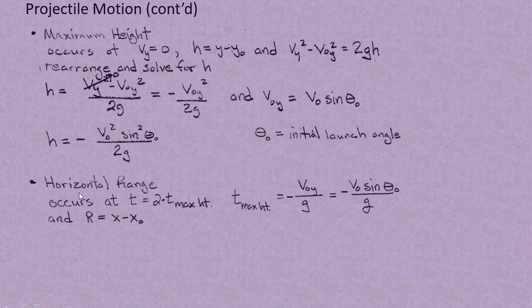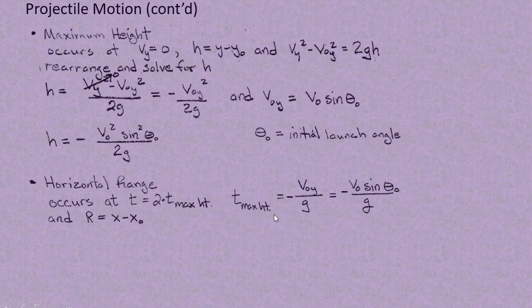Similarly, we can come up with an equation for the horizontal range. So we know the horizontal range happens at time equal to twice the time of the maximum height. And again, assuming no air resistance and assuming that the launch height and the landing height are the same, it takes as long for the object to come down from its peak height as it took to arrive at its peak height.